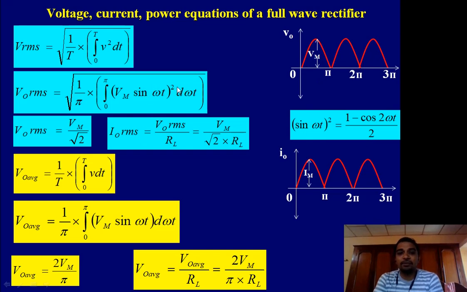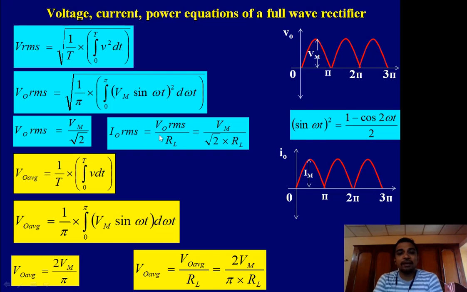Squared values, d omega t. So finally you will get V maximum square into pi by 2. Pi and pi will be cancelled out. So V maximum square by 2 under root. So V maximum by root 2 is the answer.